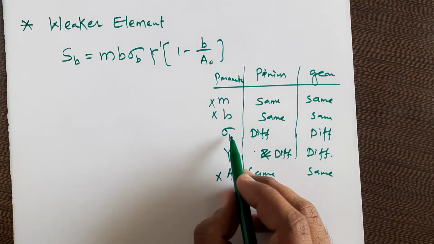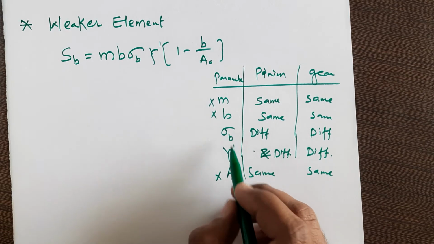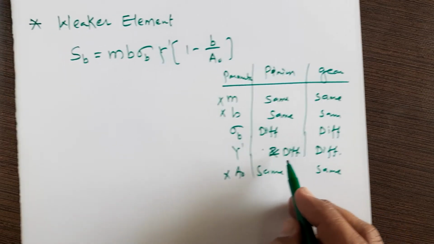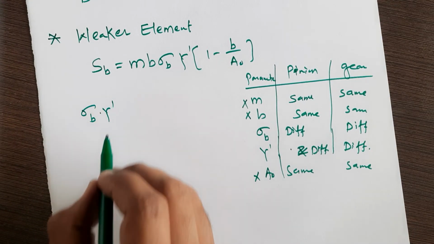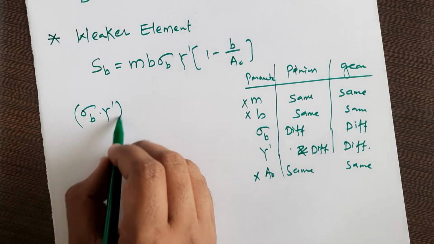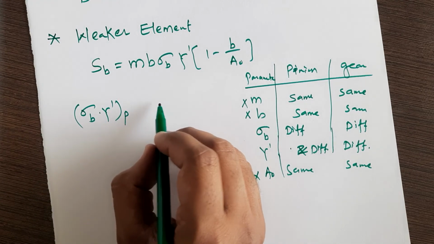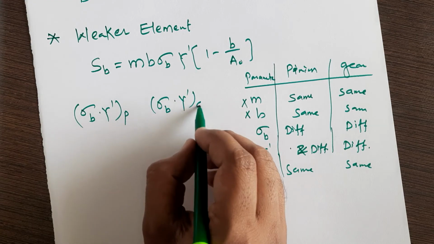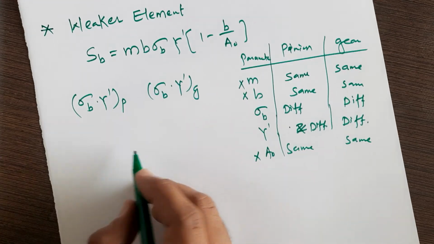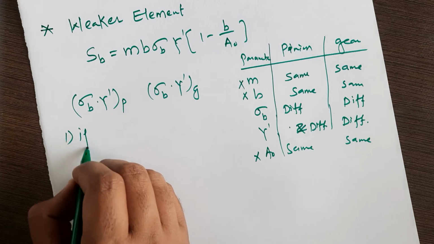Only sigma B into y dash is different for gear and pinion, so we have to go for sigma B into y dash only. We have to calculate sigma B into y dash for the pinion as well as for the gear. This product will decide the weaker element. Here three conditions will be there.